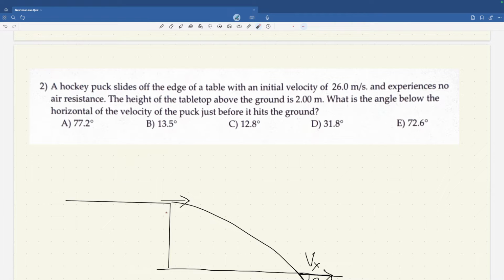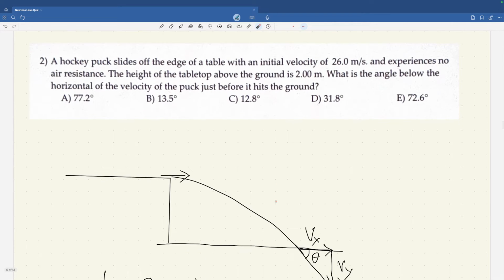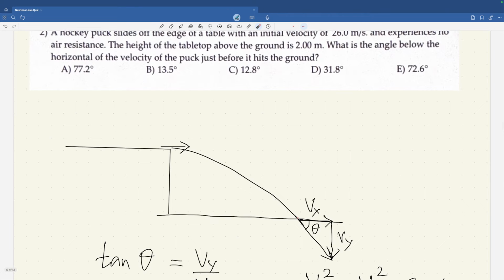So here's the diagram. This is the height of the table, which is 2 meters, and the puck slides off the edge at 26 meters per second. You know that the horizontal velocity is not affected by gravity, so it remains constant, and right before hitting the ground, it is still 26.0 meters per second.